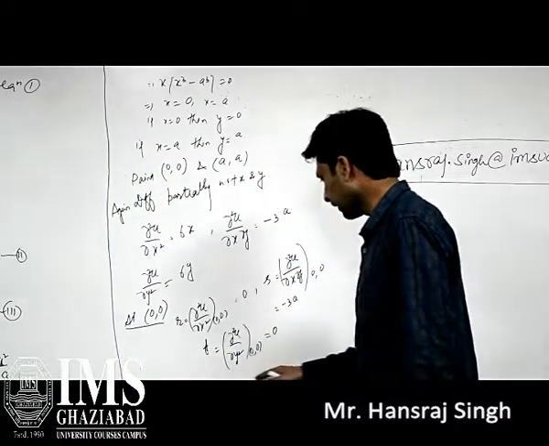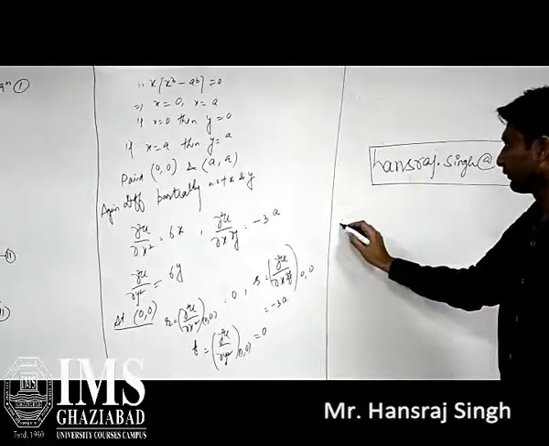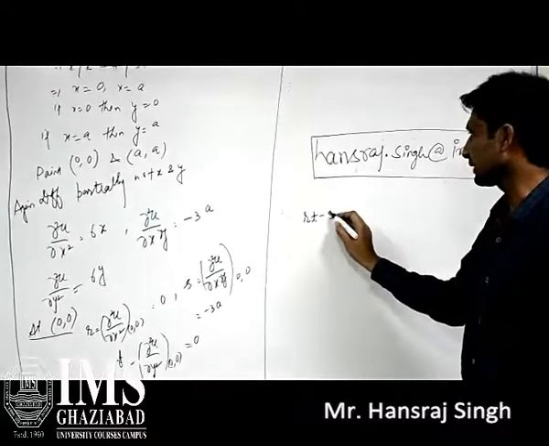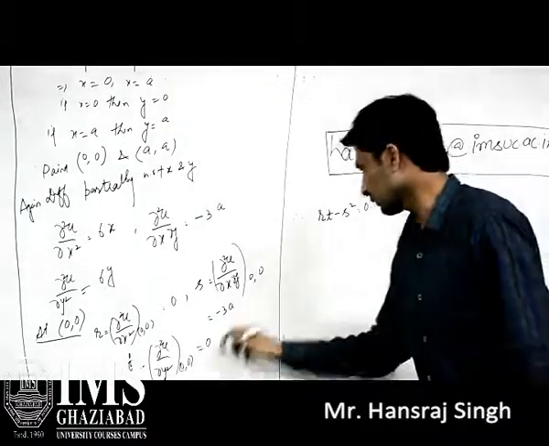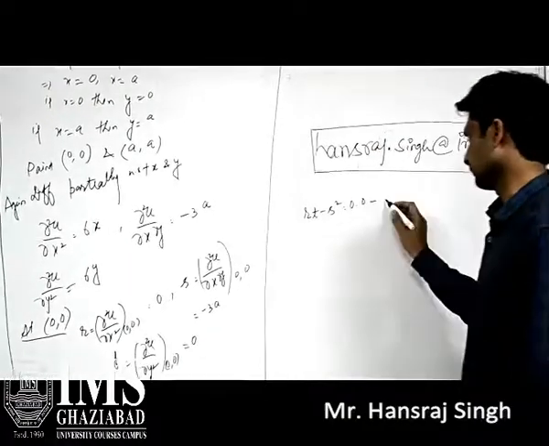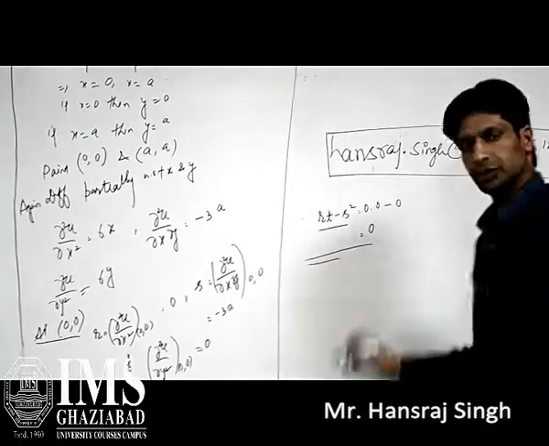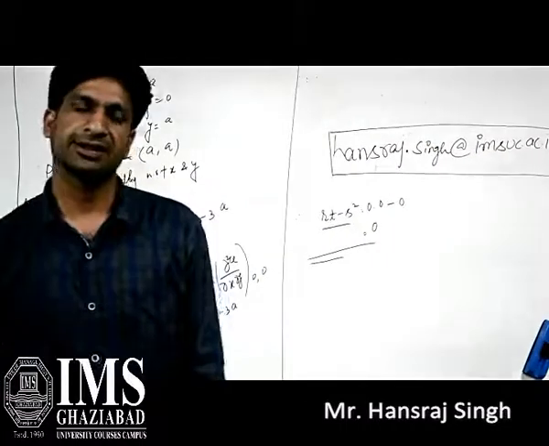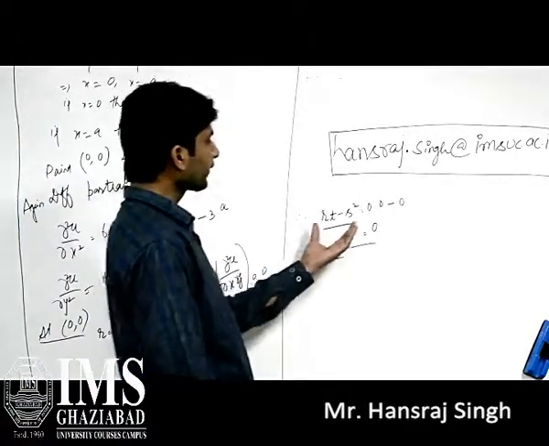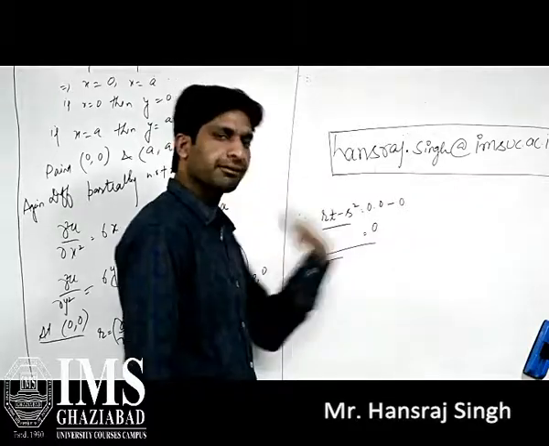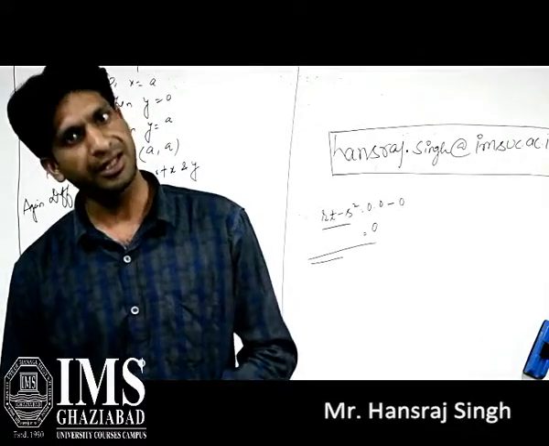So in this case we check whether rt minus s square is positive or not, students. Here r is 0, into t is also 0, and minus s square, so the complete rt minus s square is 0. In this case the given function u is a doubtful case, we will check further whether it will be maximum or minimum or not. That means in this case the given function is doubtful, and we will discuss u with the help of partial derivatives whether it can be maximum or minimum further or not.